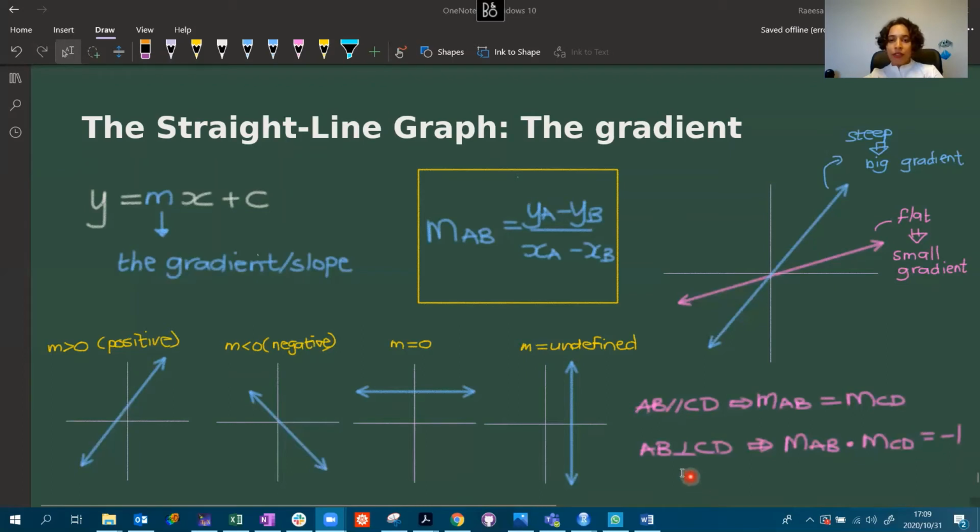The other bit of information is if lines are perpendicular, so AB is perpendicular to CD, then the product of the gradients is equal to -1. In other words, they are the negative reciprocal of each other. So how do you get the perpendicular gradient? We normally swap the fraction around and change the sign.